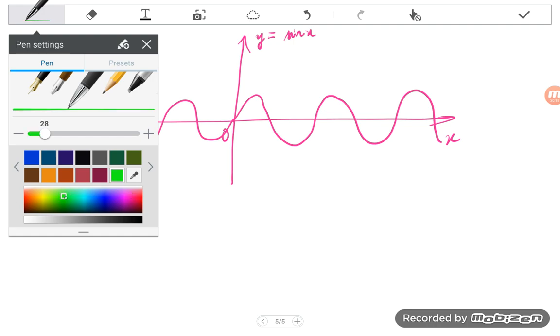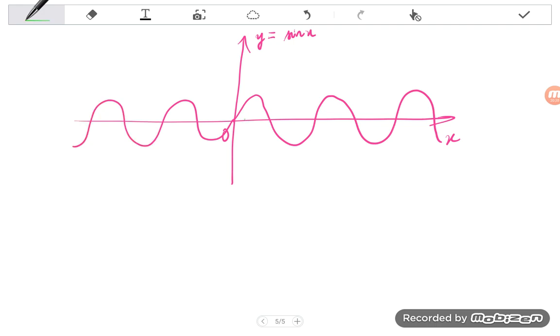And here we have a value x, and we have a point M on the graph. Here is 1 and here is minus 1.